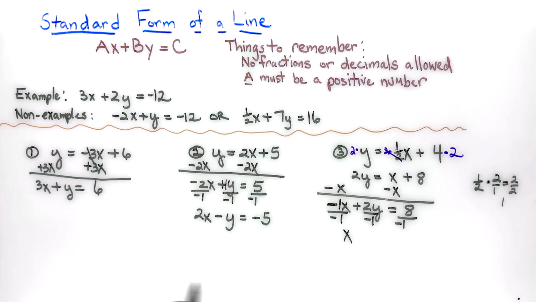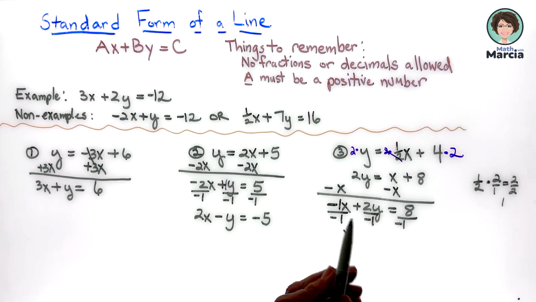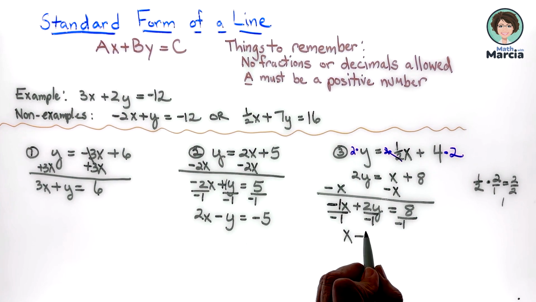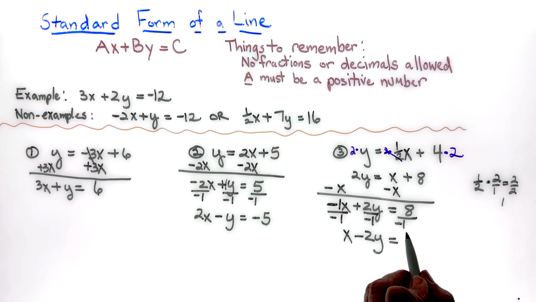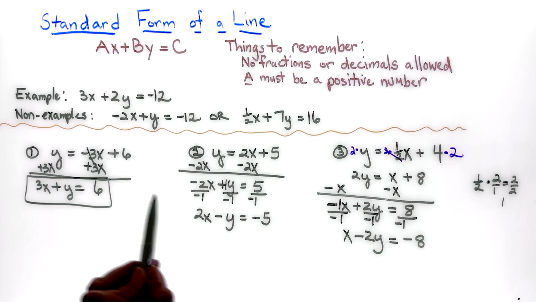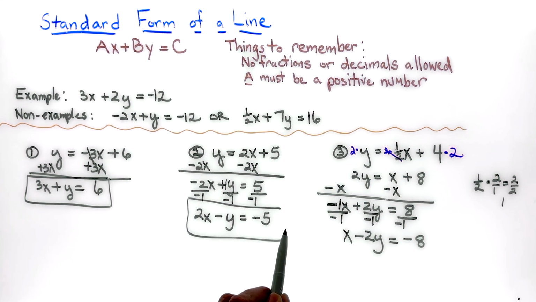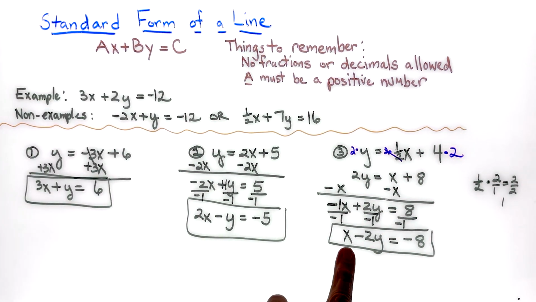So I'm just going to write x. 2 divided by a negative 1 is a negative 2, so I'm going to write minus 2y. And 8 divided by a negative 1 is a negative 8. All of these equations now are written in standard form. There's no decimals, no fractions, and the beginning number is definitely a positive number.